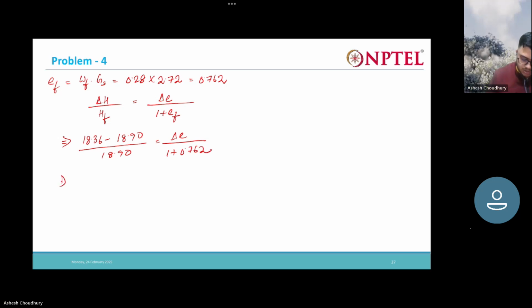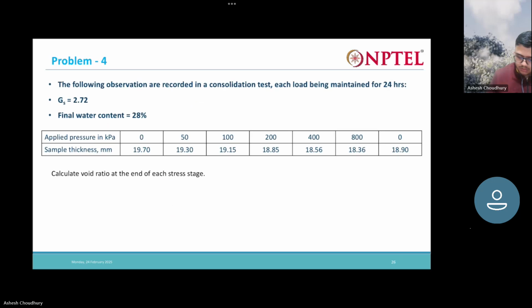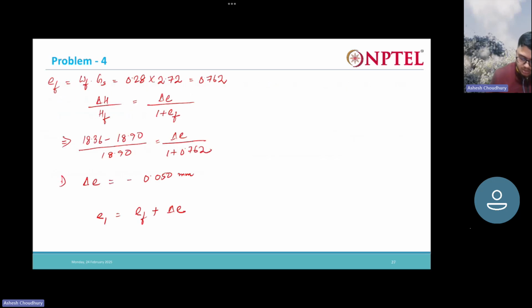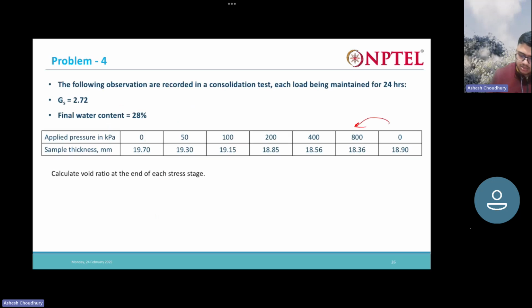The delta e is... e1 is equal to ef plus delta e, isn't it? Because e1 is here, the void ratio is going to reduce. So we have 0.762 minus 0.050, 0.712. So at this part, the void ratio is 0.712.